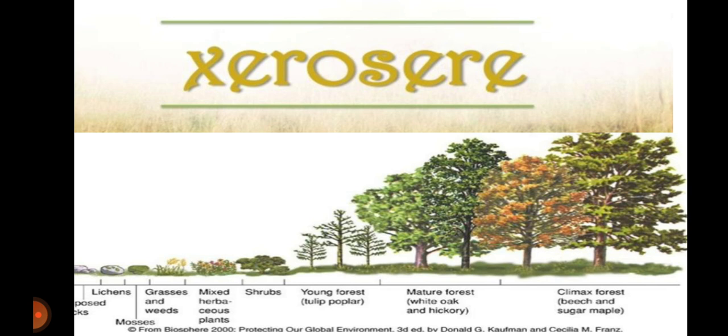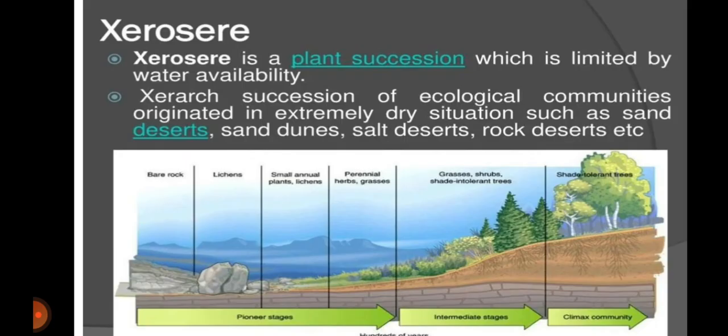Total six stages. One is the crustose lichen stage, and another is the foliose lichen stage. Third is the moss stage. Fourth is the herb stage. Fifth is the shrub stage, and sixth is the forest stage or climax stage.